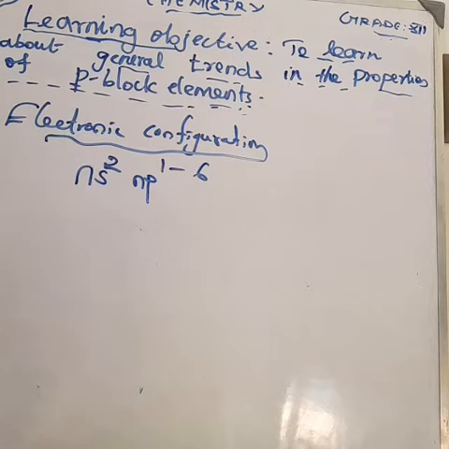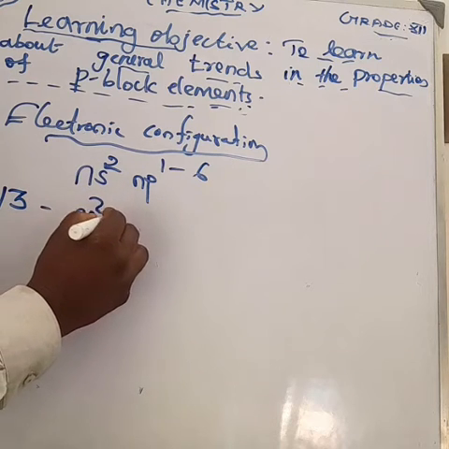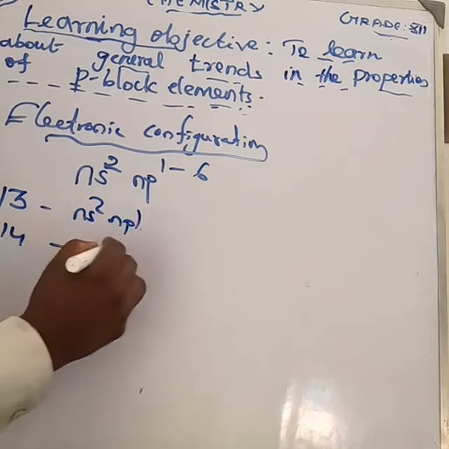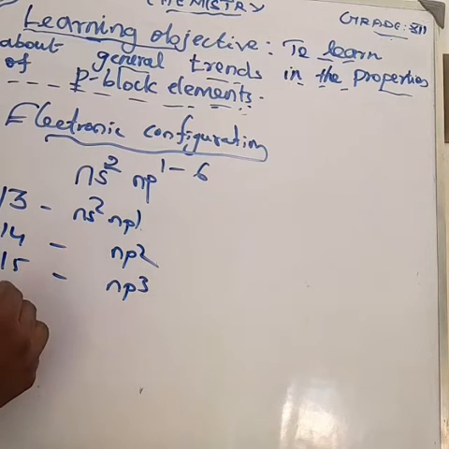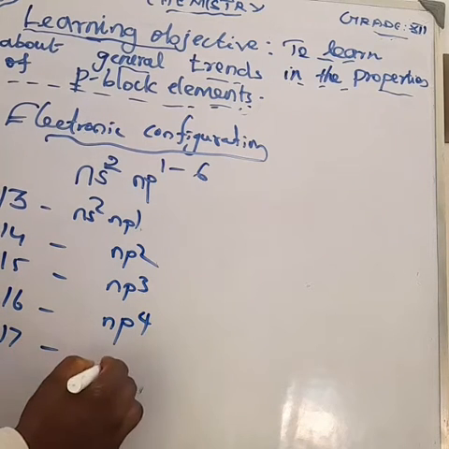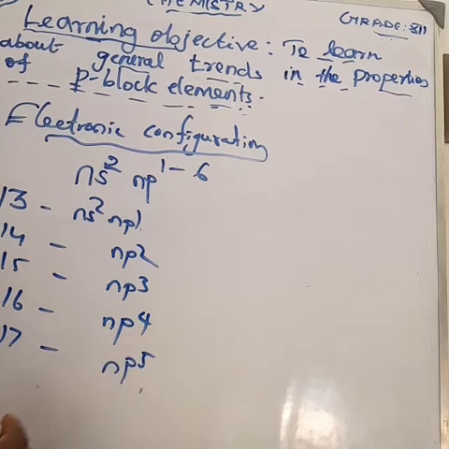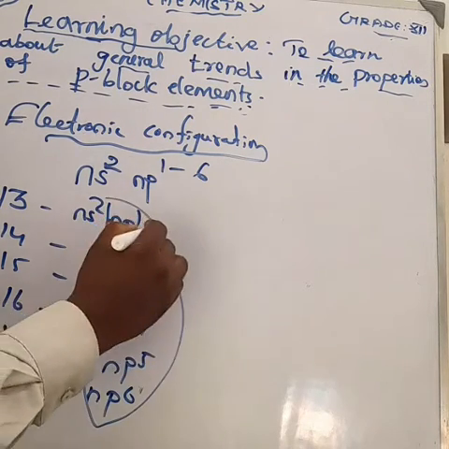For example, 13th group np1, 14th group np2, 15th group np3, 16th group np4, 17th group np5, 18th group np6. Like that they are arranged, am I right?